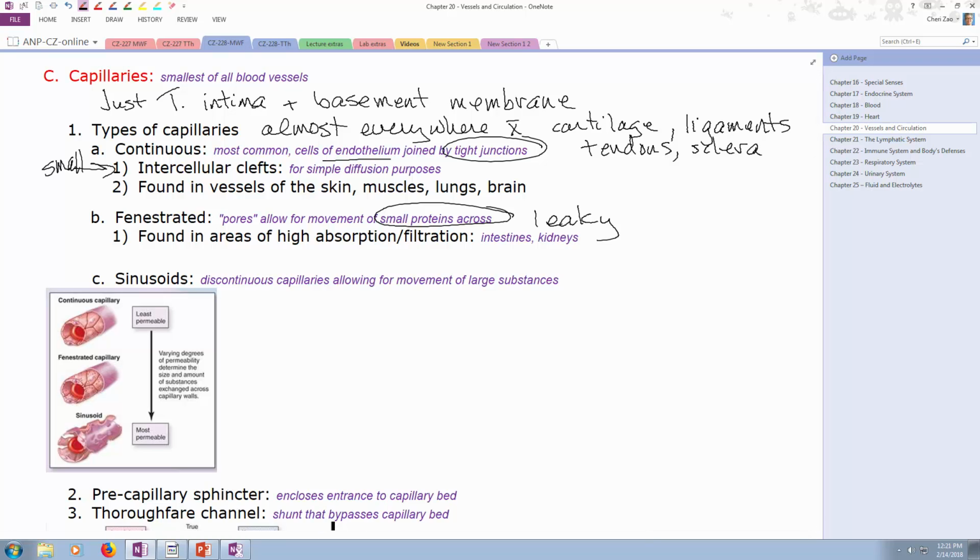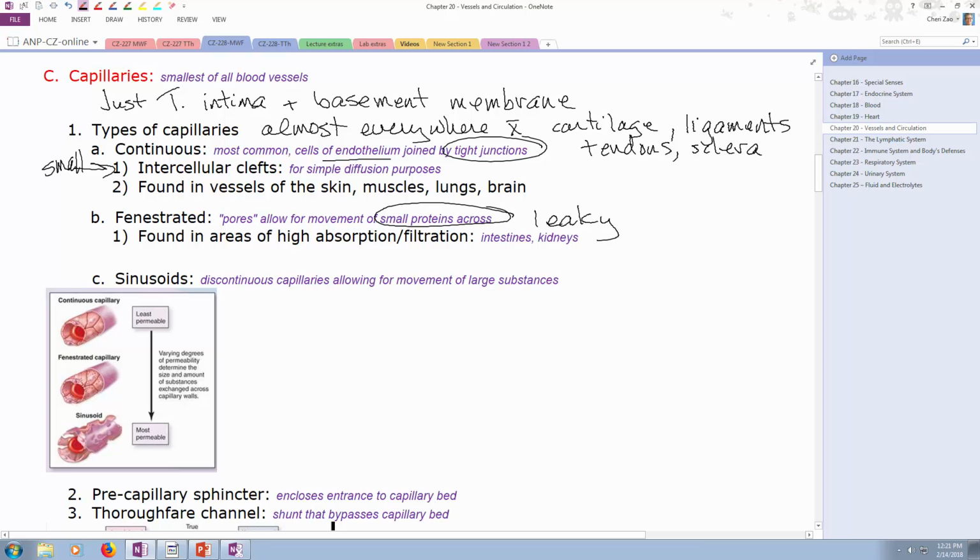They are found in areas of high absorption and filtration, and the intestinal tract is an area of high absorption, and the kidneys are indeed areas of high filtration. And so these fenestrated capillaries are very rich in those areas.